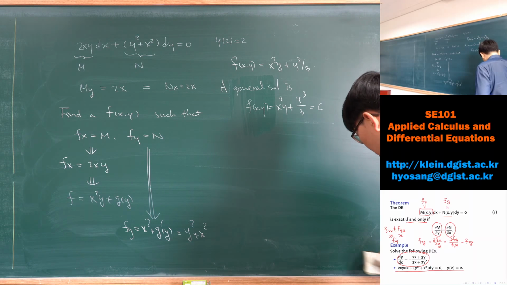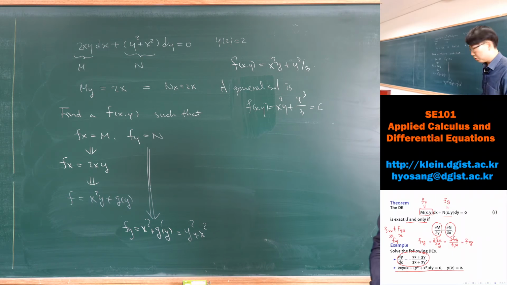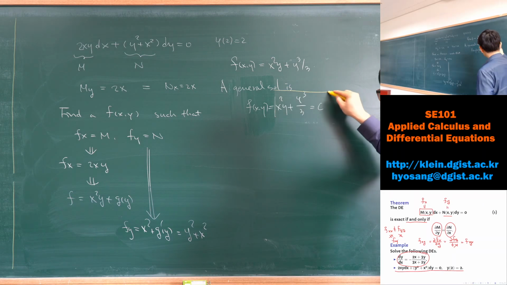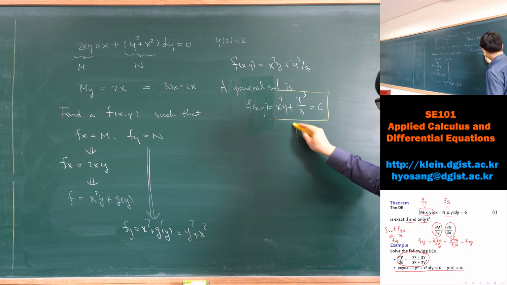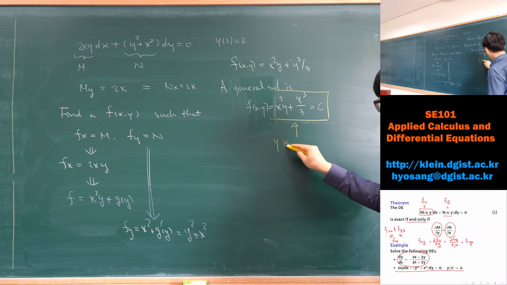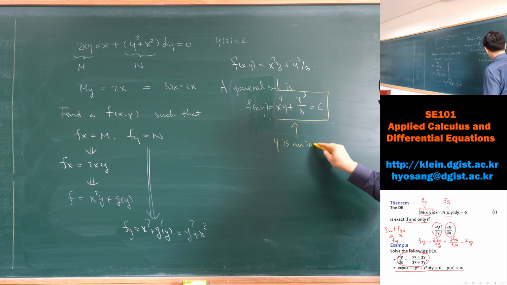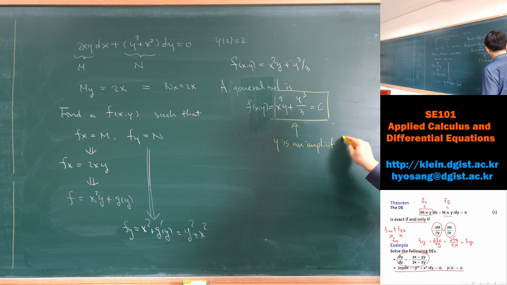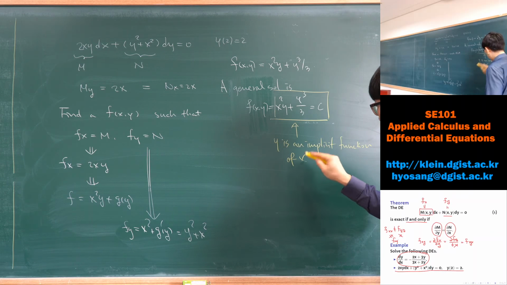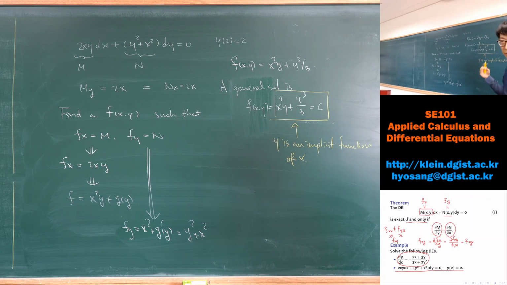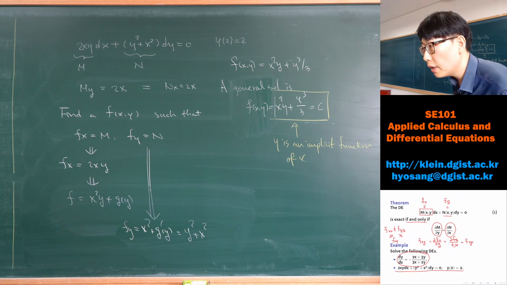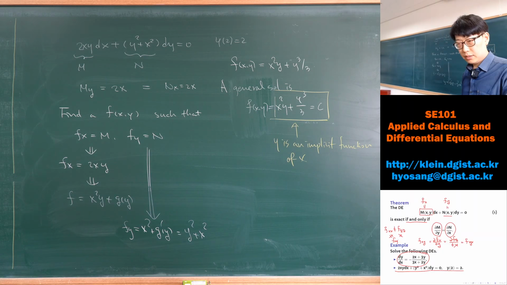So this is the general solution. Here, as I said, y is an implicit function of x. So simply y is given as an implicit formula in this situation.